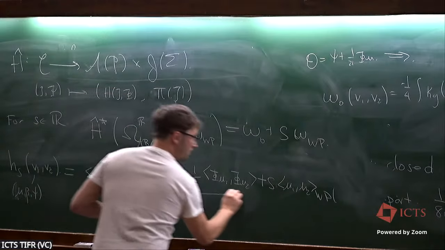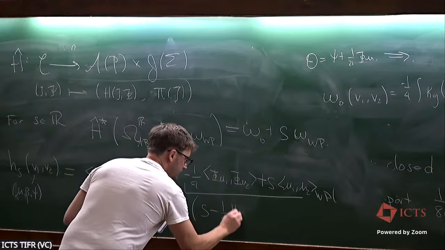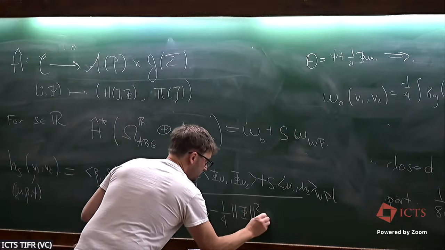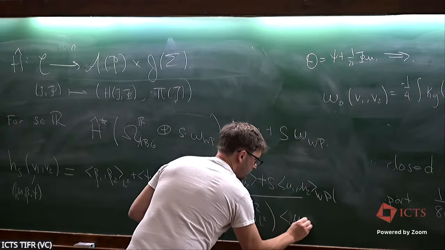And this term is s minus a fourth norm squared of the Higgs field times mu_1, mu_2.